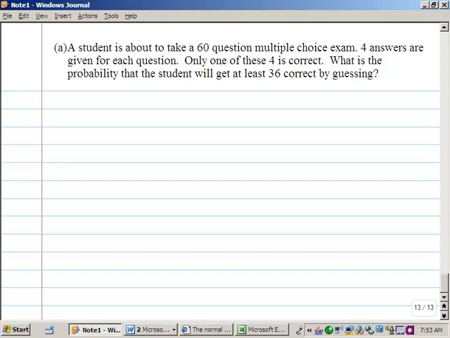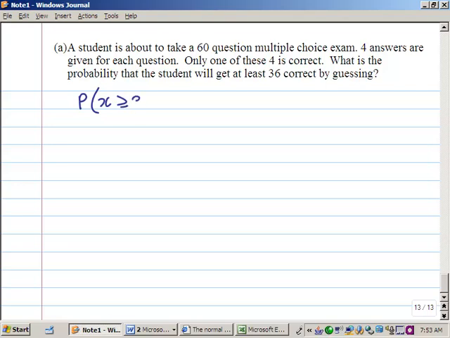Alright, a student is about to take a 60-question multiple choice exam. 4 answers are given for each question. Only one of the 4 is correct for each problem, of course. What is the probability that a student will guess at least 36 correct by guessing? Alright, so what is the probability?